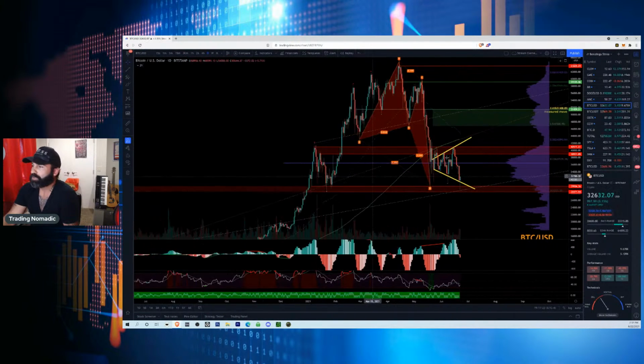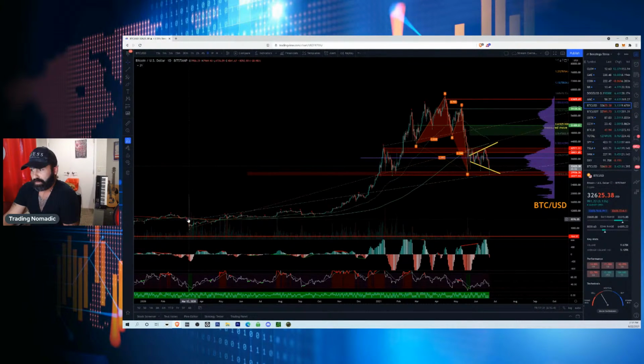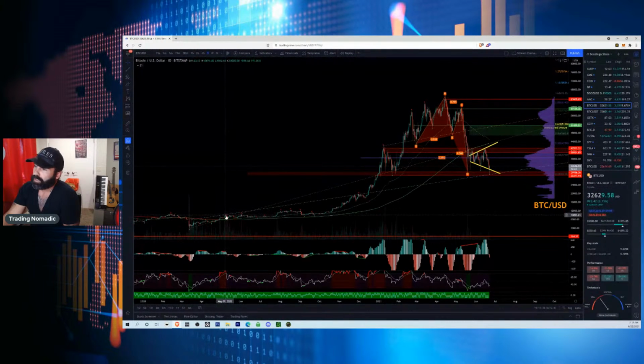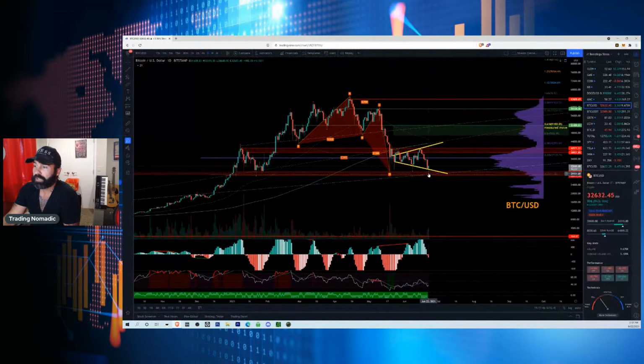But not only that, we do have this diagonal trend line coming off of, this is back in the COVID crash, before that, a massive drop and a couple peaks, 1, 2, 3 touches along the way. And where does it line up? Perfectly with this, you know, the support area we have here as well.